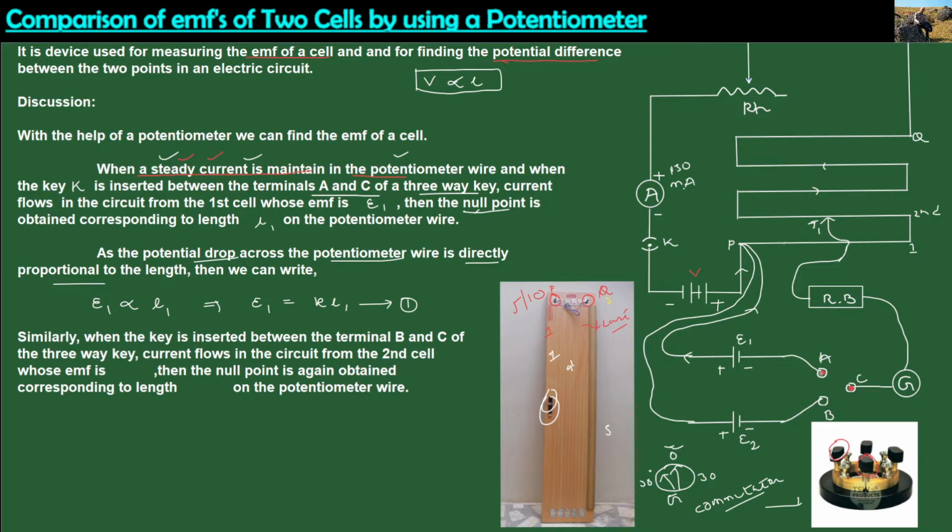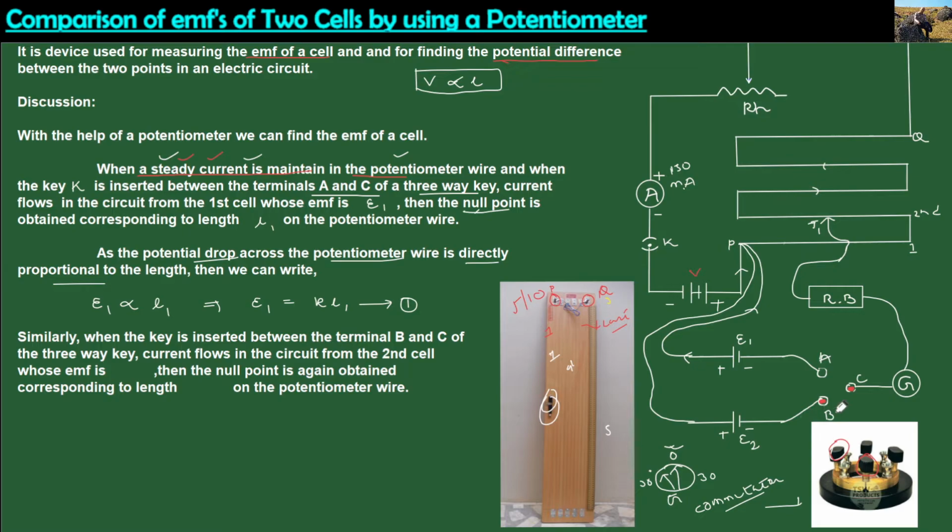I will remove this plug and insert it between points B and C, and then the current will flow along the cell E2.